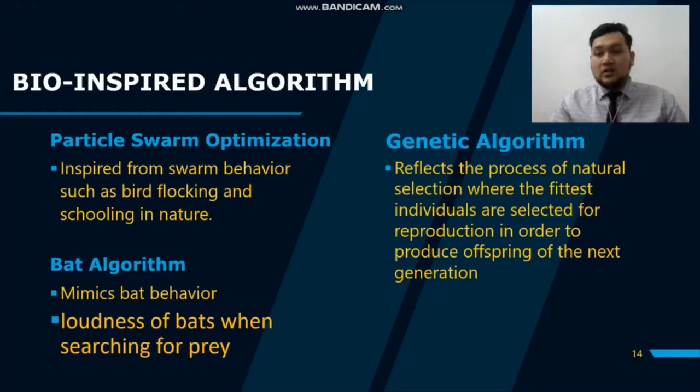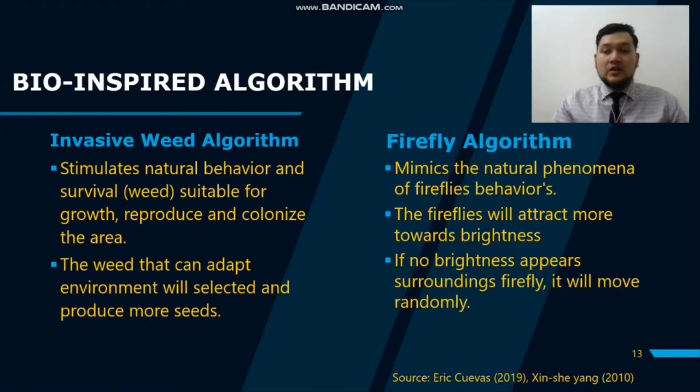Fourth is genetic algorithm, which reflects the process of natural selection where the fittest individuals are selected for reproduction in order to produce offspring of the next generation. And lastly, bat algorithm, which mimics bat behavior. In this project, I will use a Firefly algorithm to implement it in the 4-bar truss structure problem and also the multimodal problem.